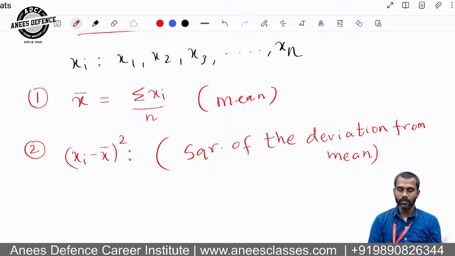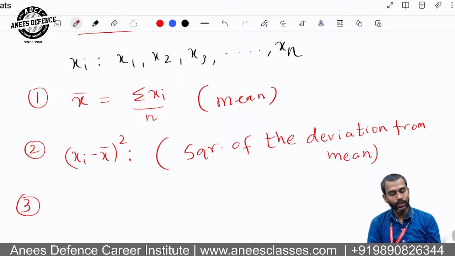Now the third step. We have to find the mean of the square of deviation of all the observations from the mean. Whatever we found in the second step, we have to find its mean. It is similar to mean deviation, if you remember, but there we don't square; we just find the absolute deviation, the mean of absolute deviation.